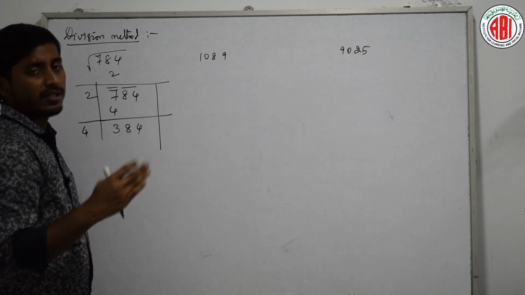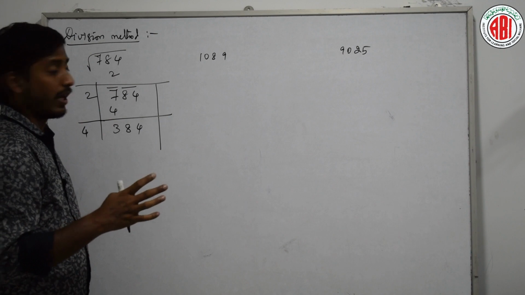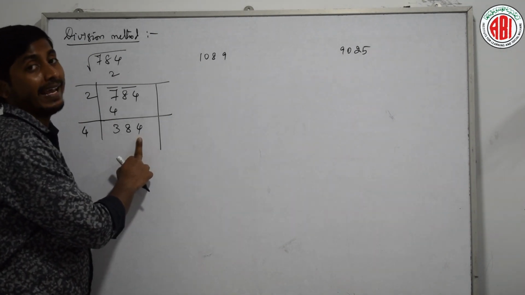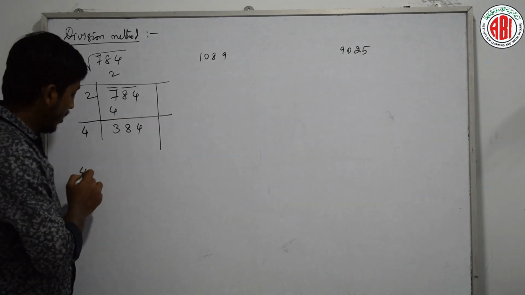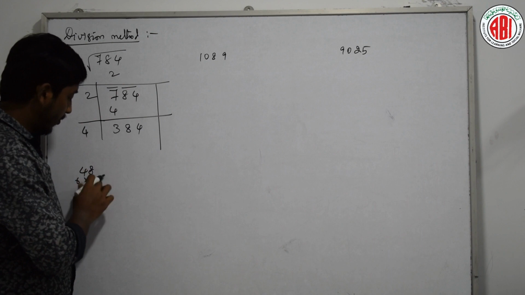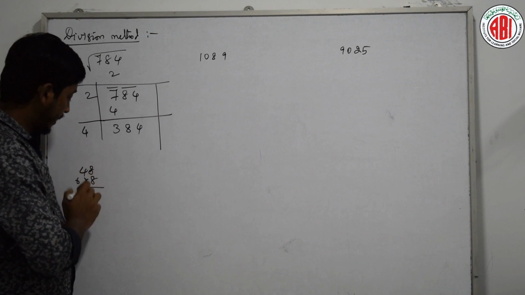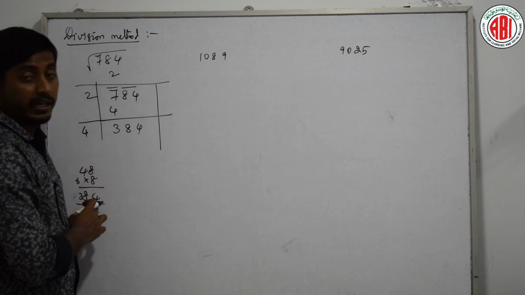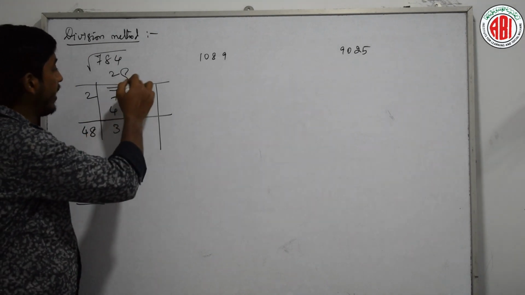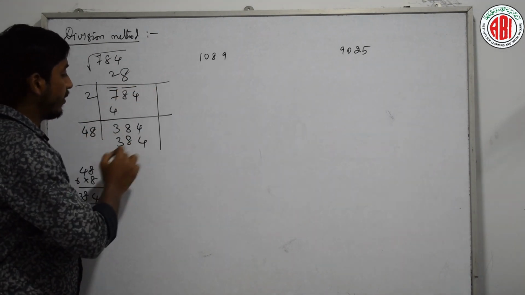Or 46 into 6 or something like that. When do we get 4 at the end? Which square? That is 8. Therefore, better we try 48 into 8. 8 8s are 64. 8 4s are 32. 32 plus 6 is 38. Are we getting 384? Yes, right. 48 into 8 is 384.